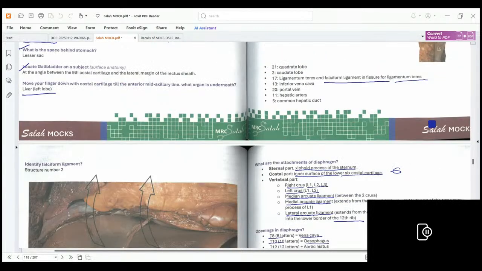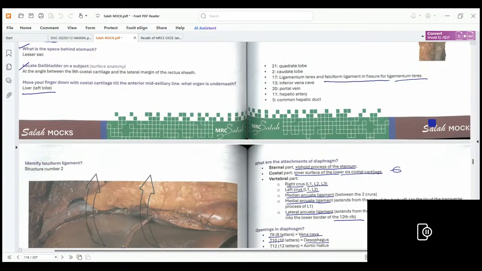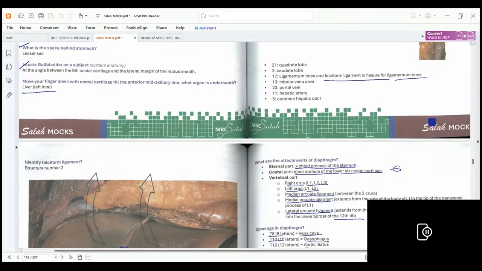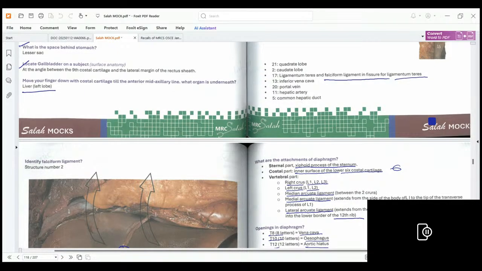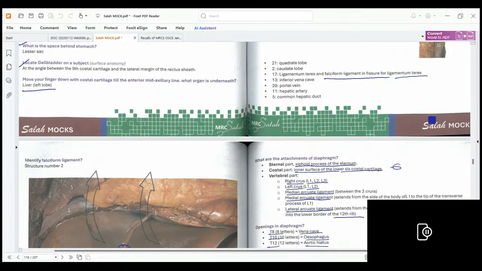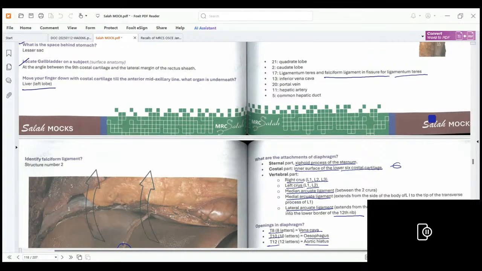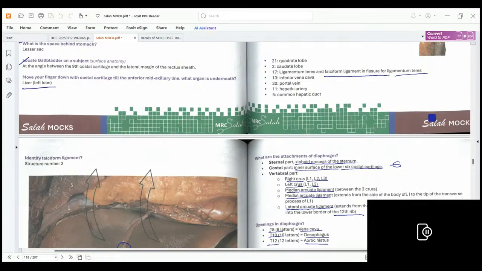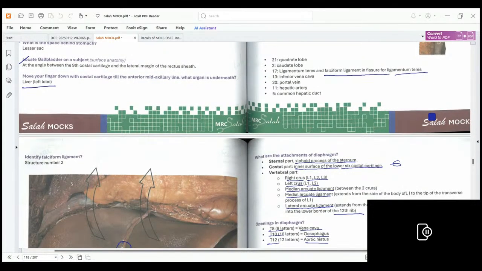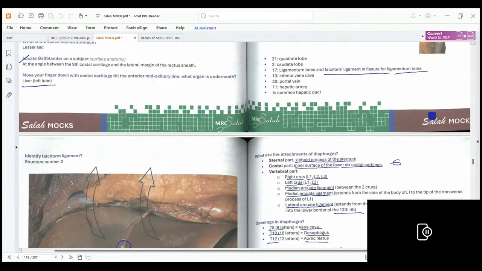Now, what are the attachments of the diaphragm? Sternal part: xiphoid process of the sternum. Costal part: inner surface of the lower six costal cartilages.